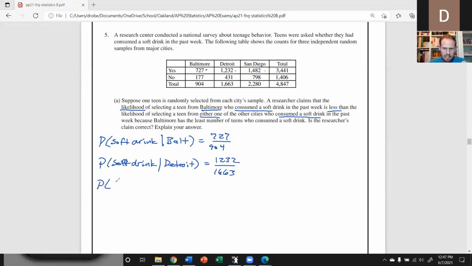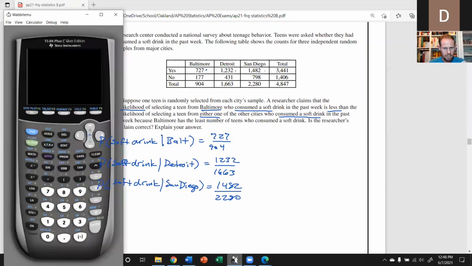And the probability that they had a soft drink in the last week, given that they're from San Diego, would be 1,482 out of 2,280. These numbers are higher, but I'm also noticing that their sample sizes were also higher. So let's throw these in the calculator and see what we get for each one.